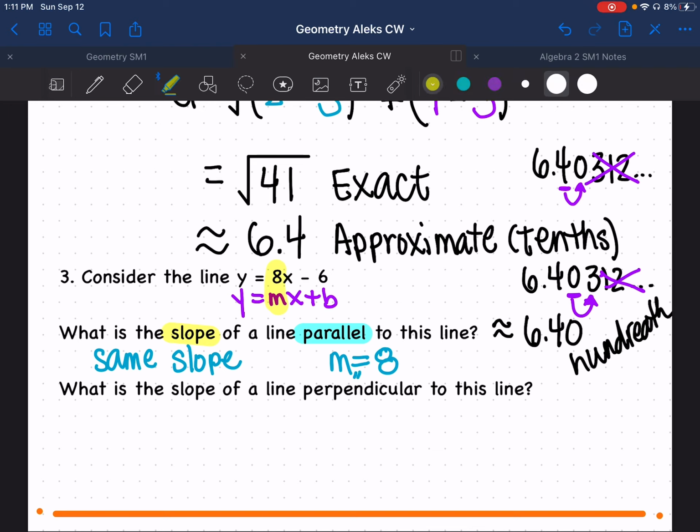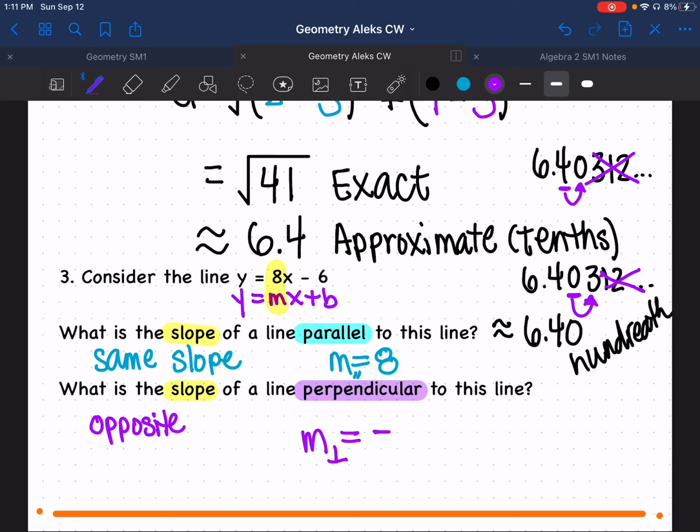All right, what would be the slope of a line perpendicular to this one? Well, remember, when my lines are perpendicular, I'm going to take my slope of 8 and I'm going to make it the opposite sign.